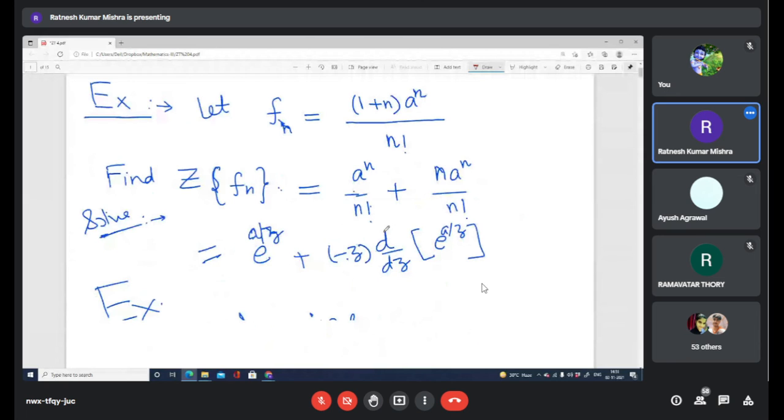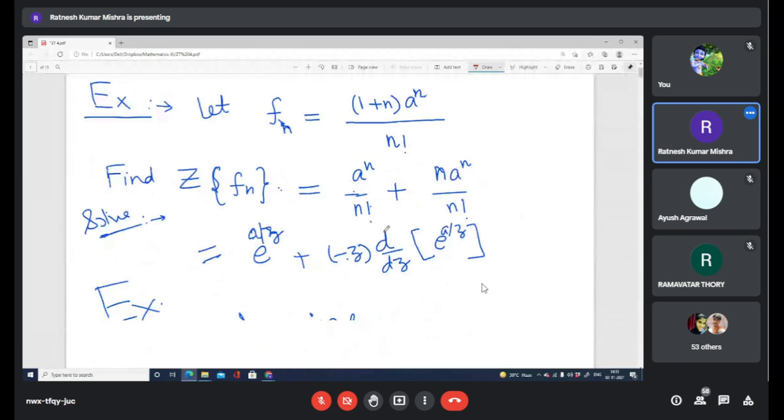So now expand this one. When you expand n equal to 0, so F1 minus F naught, plus n equal to 1, F2 minus F1 and z power minus 1.